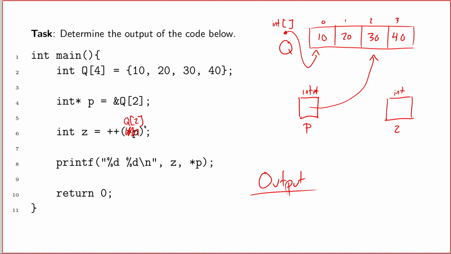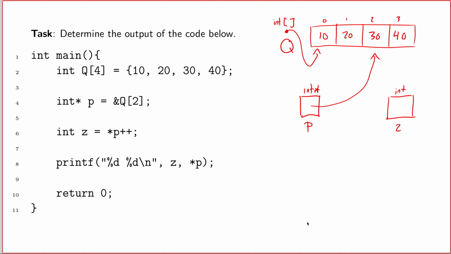Then I'm executing plus plus of Q sub 2, so I increment this value, and I send back the new value of Q sub 2, which is 31. So the value of z ends up being 31. My output is then z and star p, start at p, follow an arrow: 31, 31.